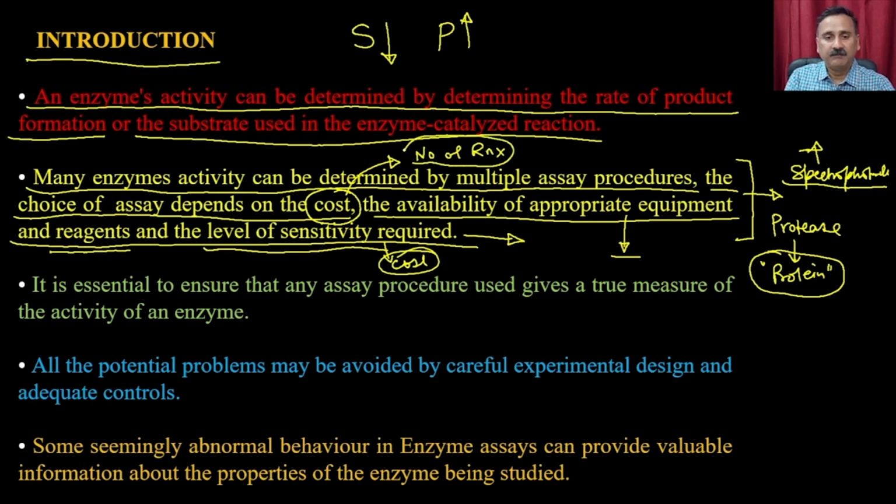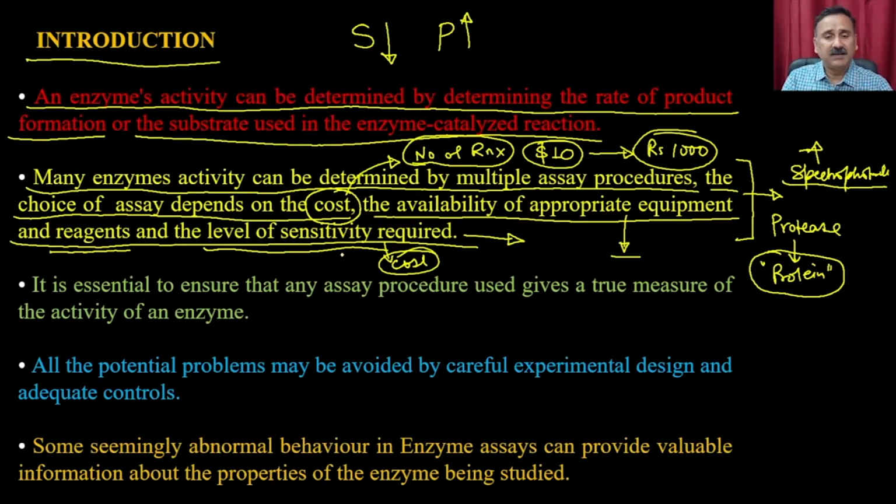If you run an assay where the cost is $10 for every assay you do, this means you are going to use approximately rupees 1000 for performing a single reaction. So this is going to be very costly. That is also going to be a limiting factor in adopting that type of enzyme assay, because if you can measure the enzyme activity even with cheaper options, maybe you compromise with the sensitivity and other things, but at the end you will get the answer.